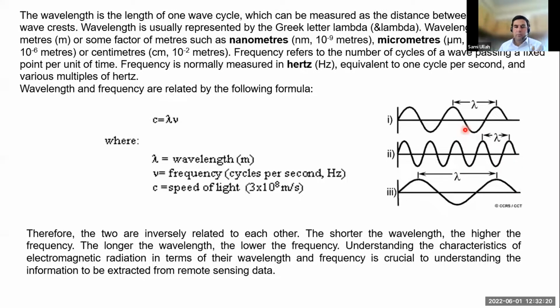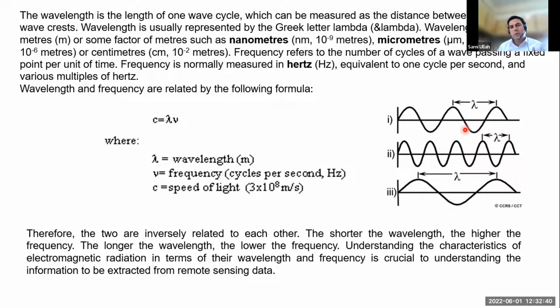For example, if a radiation has a longer wavelength, it will have a shorter frequency. If a radiation has a shorter wavelength, it has a higher frequency.